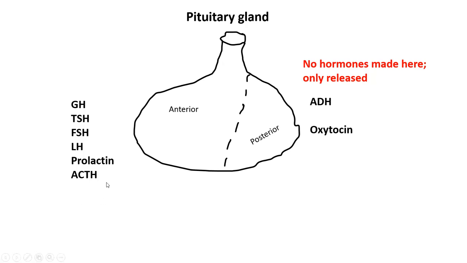And the last, number 6, is ACTH. This is called adrenocorticotropic hormone. So the target cell is yet now a new endocrine gland, the adrenal gland, and only the cortex portion. We'll have details about the adrenal gland a little later.